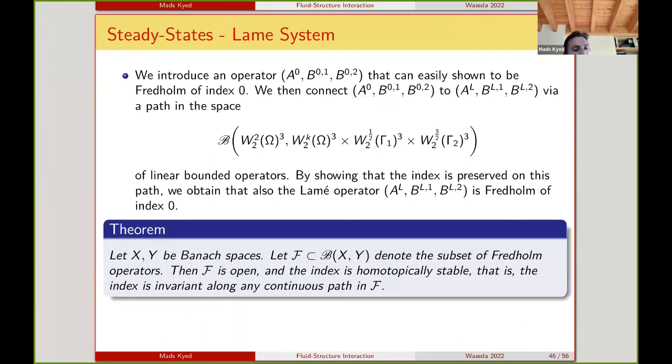Okay, and the theorem we need for this is the following theorem from functional analysis.